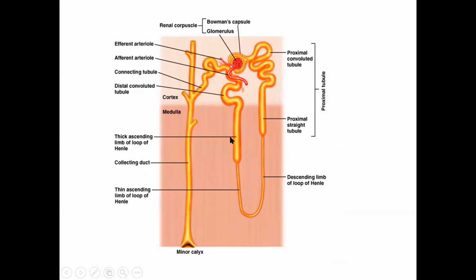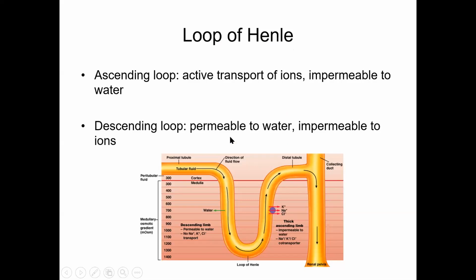So on this diagram, we use this U-shaped loop to represent the loop of Henle. So this is the descending, this is the ascending loop of Henle. First let me explain the channels and the fluid movement around the loop of Henle, and then I'll tell you why it is important here.